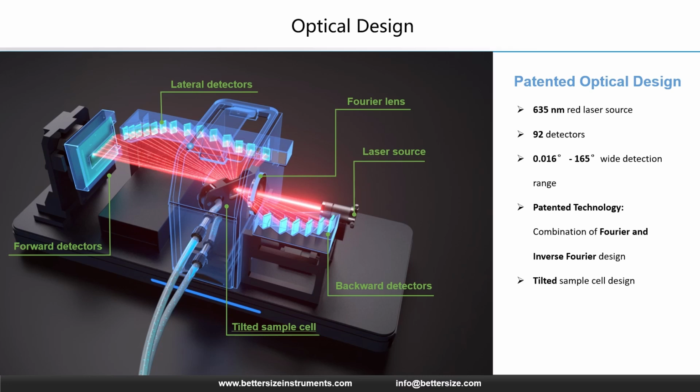These detectors are strategically arranged in forward, lateral, and backward positions to cover a massive detection range from 0.016 to 165 degrees. The system integrates two key patented technologies: the combination of Fourier and inverse Fourier designs and the tilted sample cell. This architecture is the foundation of our high precision and wide dynamic range.